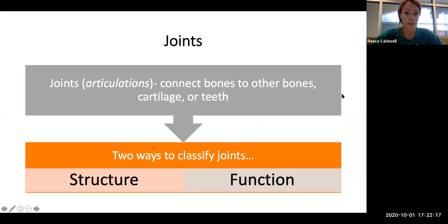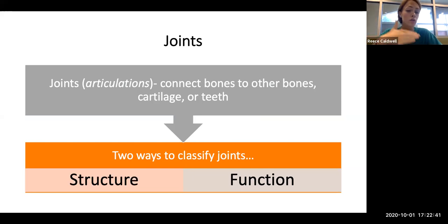So, joints. Joints are also called articulations. If you remember when we looked at the axial skeleton, we looked at those 2 bones of the lower skull, the occipital condyles, and I repeated many times that the occipital condyles of the skull articulate with cervical vertebra 1, the atlas.